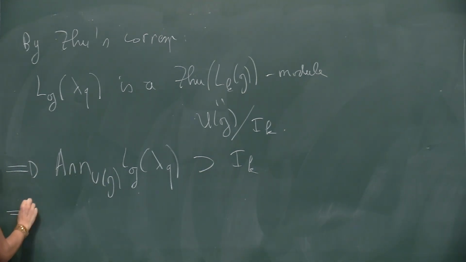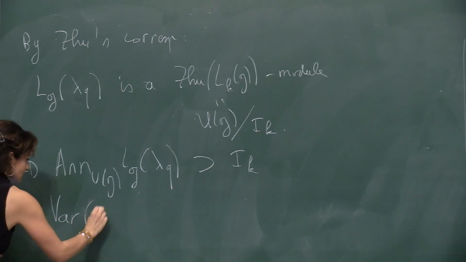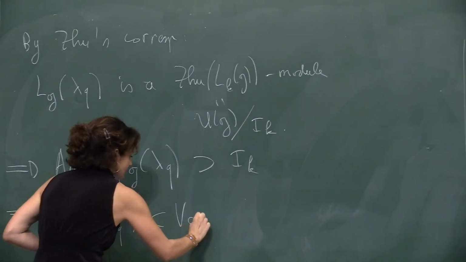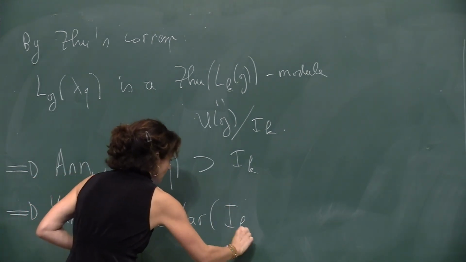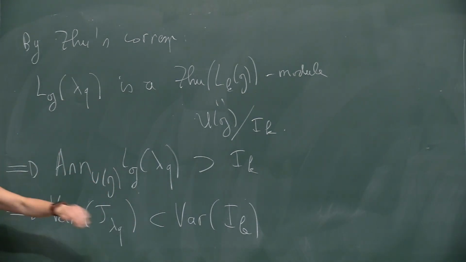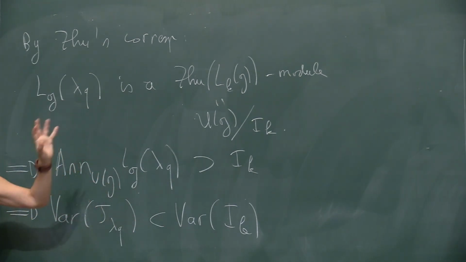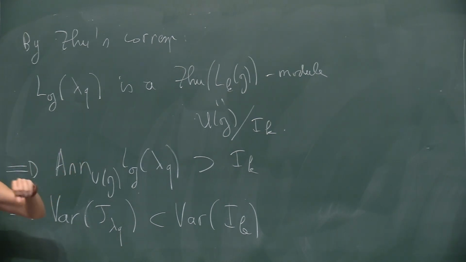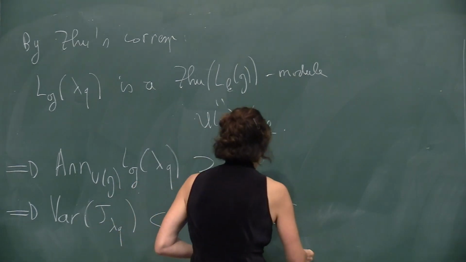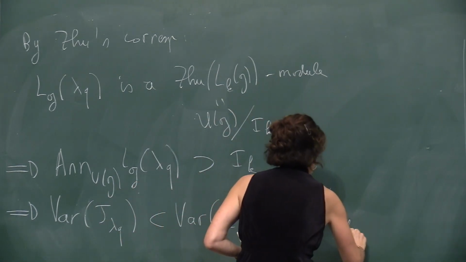So now this implies, so this is just clear, that this is contained in the associated variety of I_Q. And now this is a general fact that if you consider the graded algebra of the Zhu's algebra, the corresponding spectrum or reduced spectrum is contained in the Zhu's C2 algebra. So this is contained in X_{L_K(g)}.